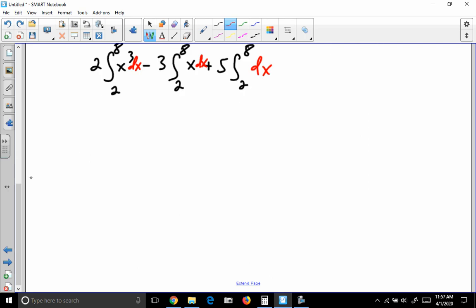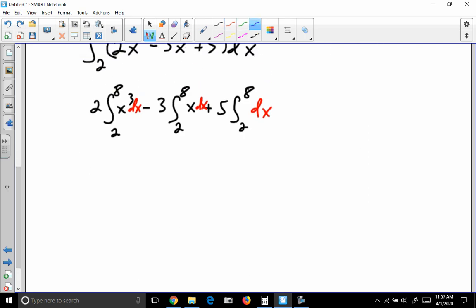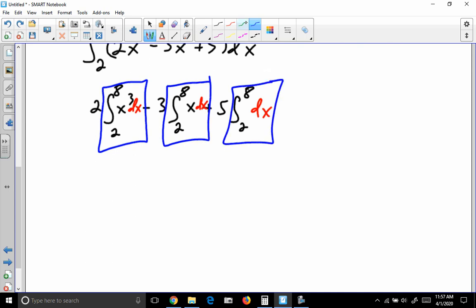In our problem, we were told the value of each of these definite integrals. We were told that value, and that one, and that one. So we're going to have twice that first one. We were told that this sum is 1020, minus 3 times the next sum. We were told that sum is 30, plus 5 times this last sum, and we're told that one is 6.